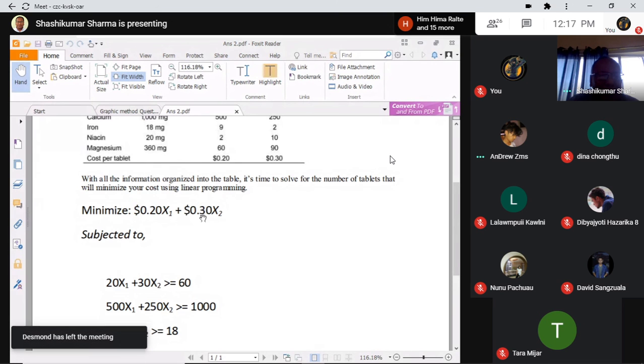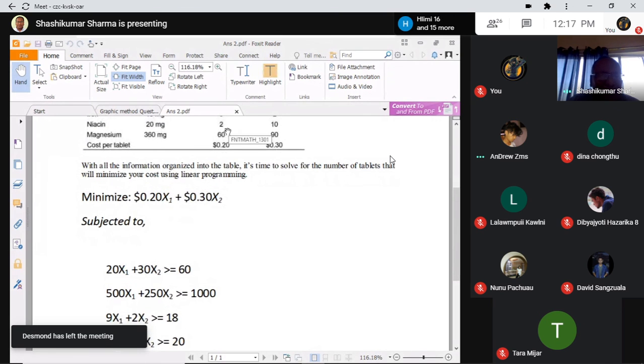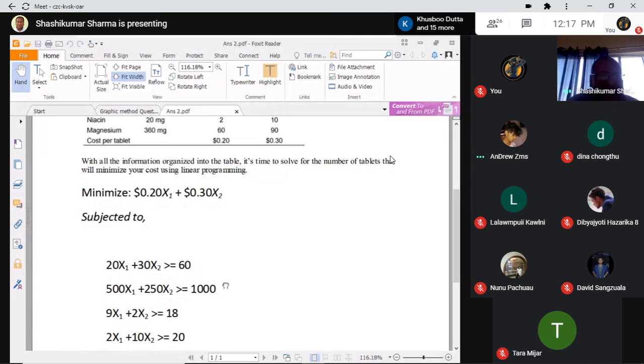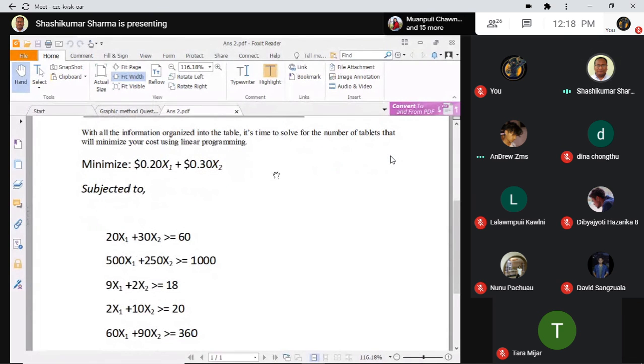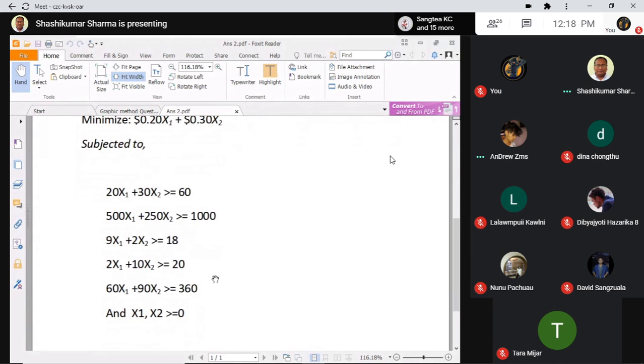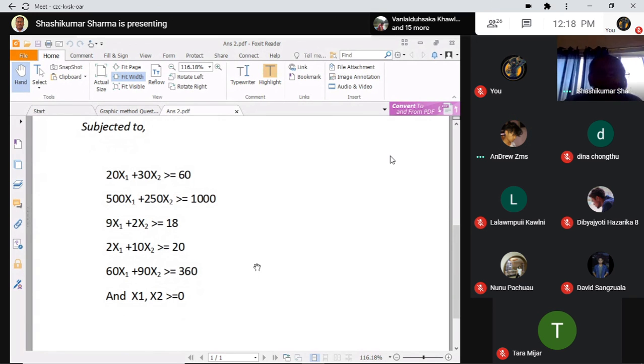The next one is 2 X1 plus 10 X2 is greater than or equal to 20, and the last one is 60 X1 plus 90 X2 is greater than or equal to 360. So these are the equations that you have. And finally, X1 and X2 are greater than or equal to 0. Now this is the formulation that I have done. So your job today is to draw a graph and find a solution.